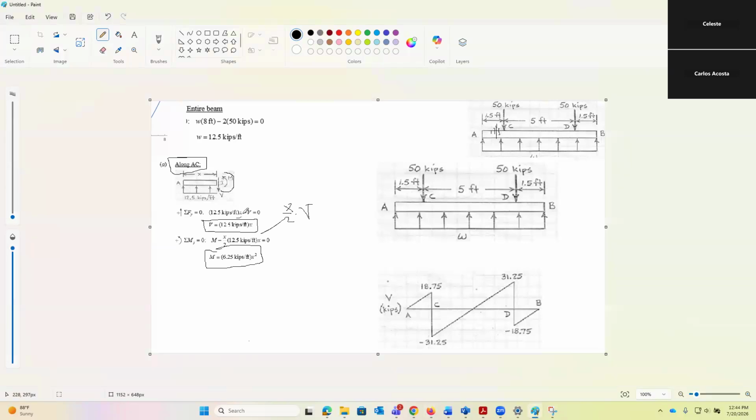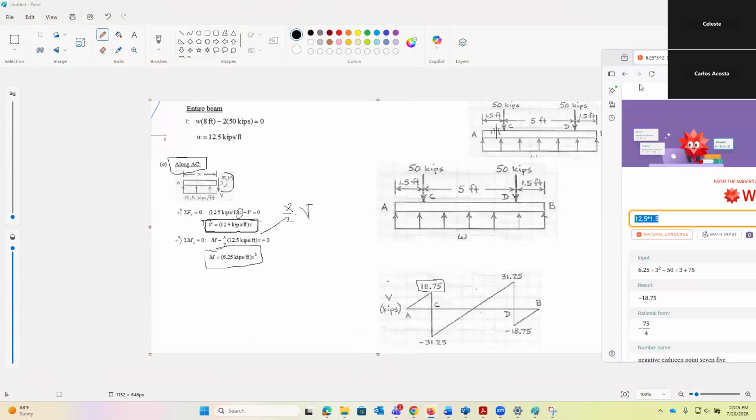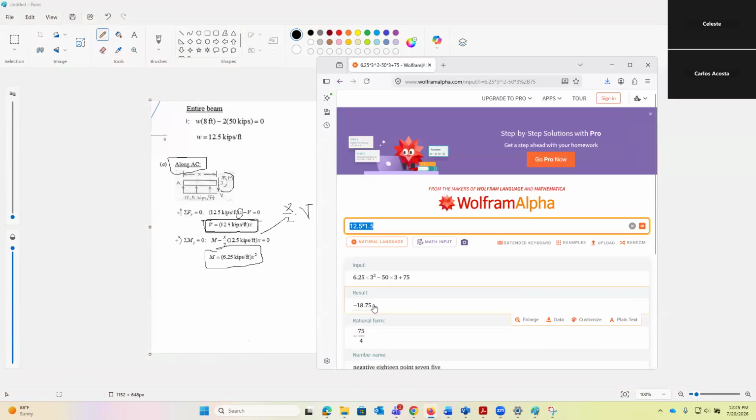Since you're expressing it in terms of x, you know that this is the slope. And with that slope at 1.5, you get 18.75, which is exactly what we got right here, 18.75.